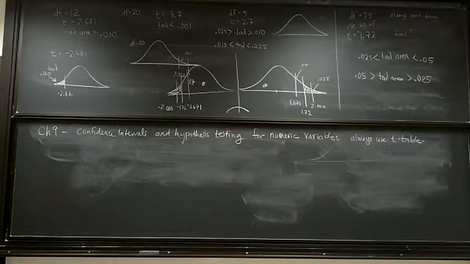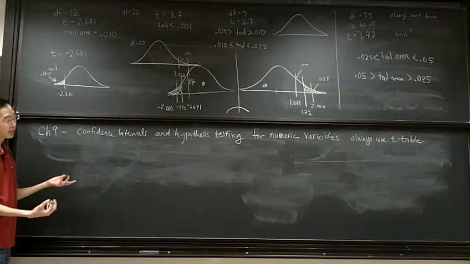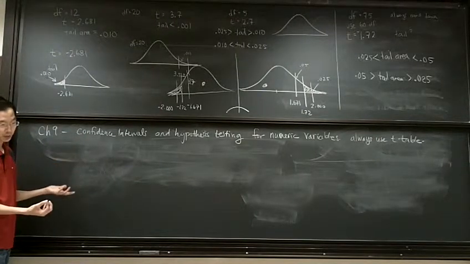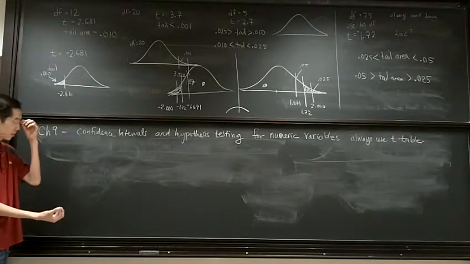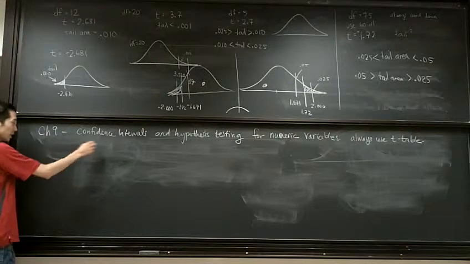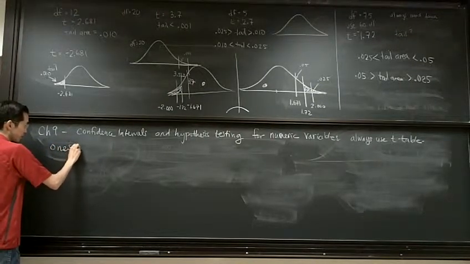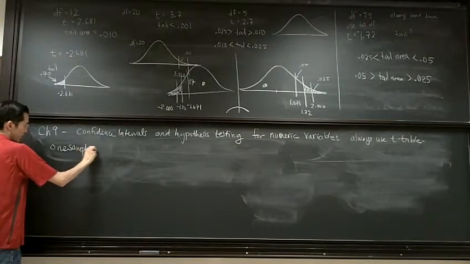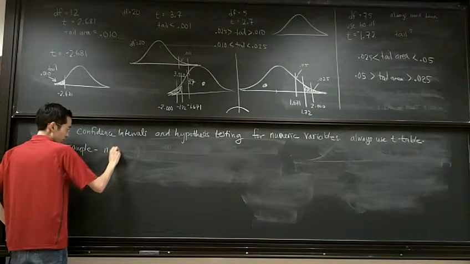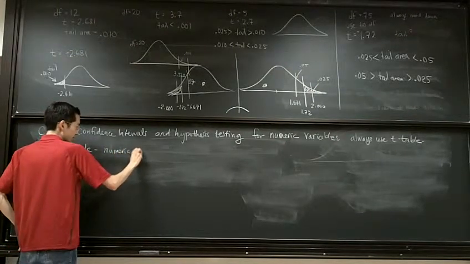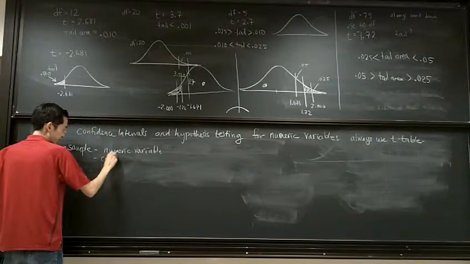We're going to have situations where we have one sample and situations where we have two samples. We're going to start off with one sample. So if we are doing a confidence interval, one sample, and we're doing a numeric variable, and it's a confidence interval.